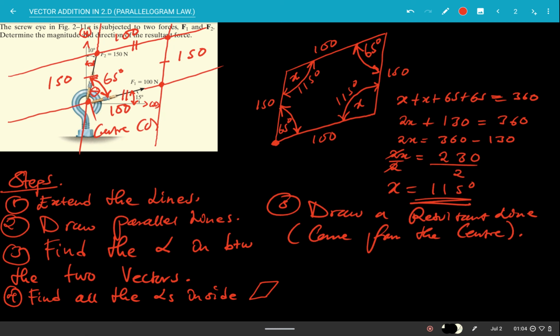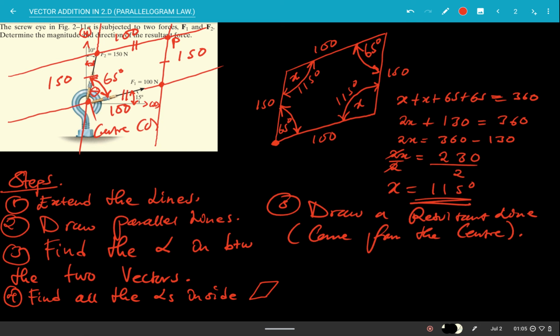So my resultant line will come from the center and it will touch the point of interest. Remember, when we're drawing the parallel lines here like that, you found that when you drew this, that, and that, these lines have to meet at one point, this point here. So this point is our point of interest.